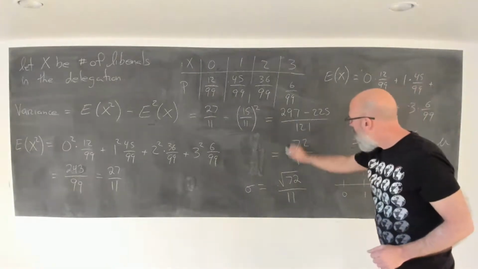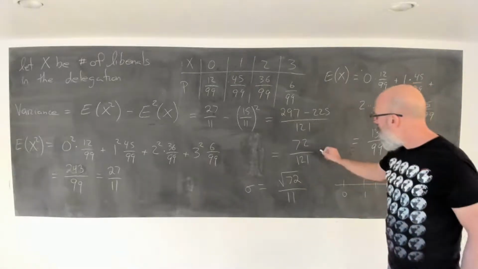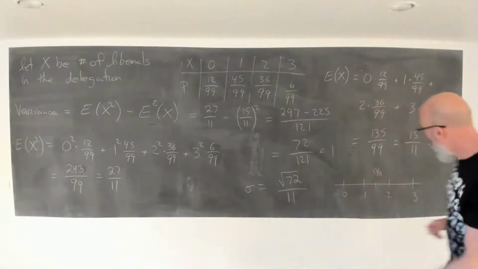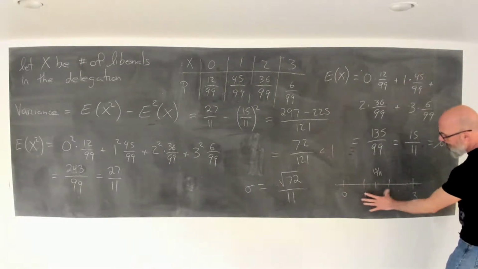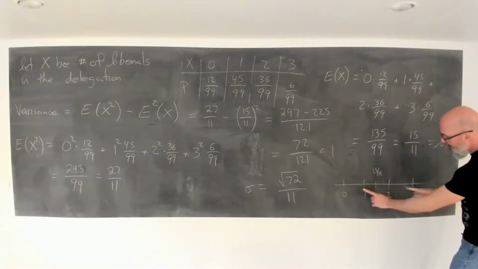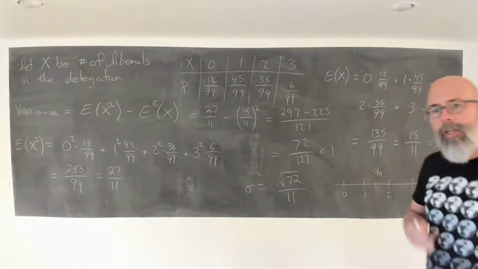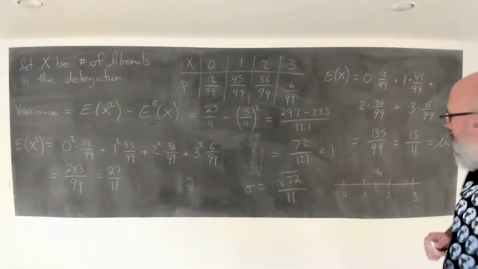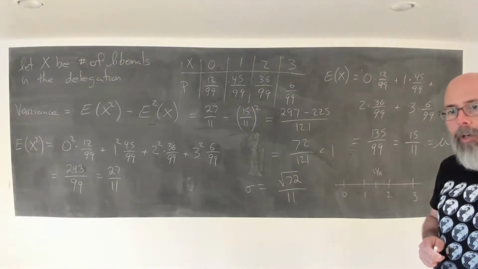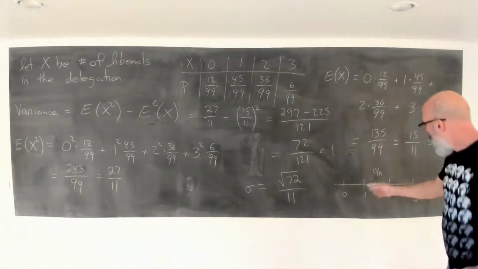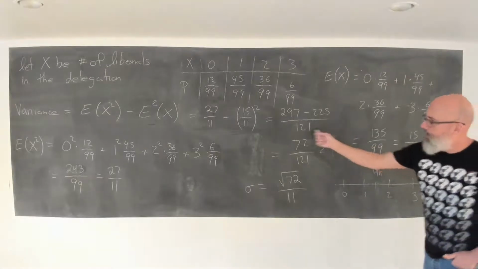This number is fairly small, less than 1. In other words, most of the values your random variable takes on are situated near the average, near the mean. And so this is reflected by a small variance.